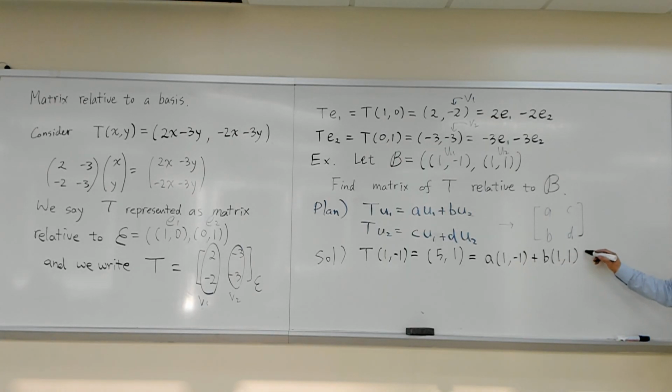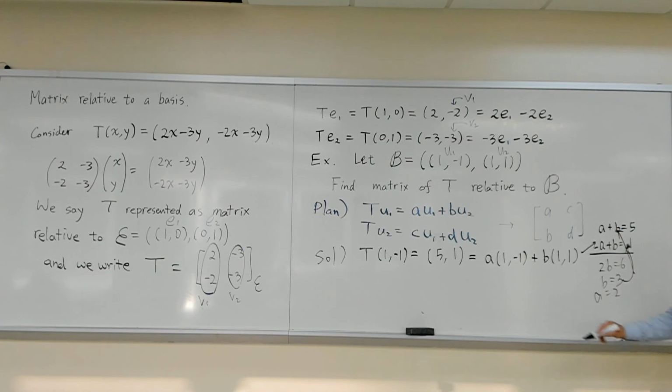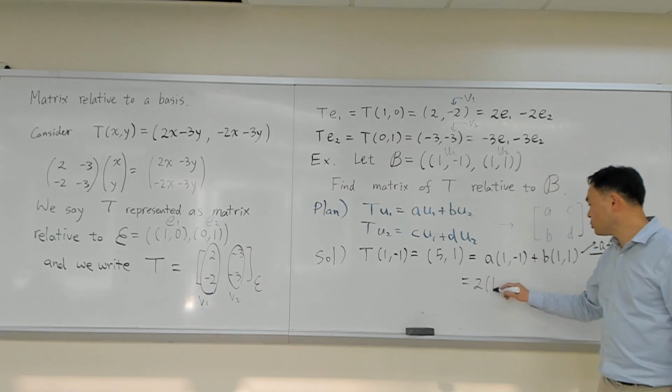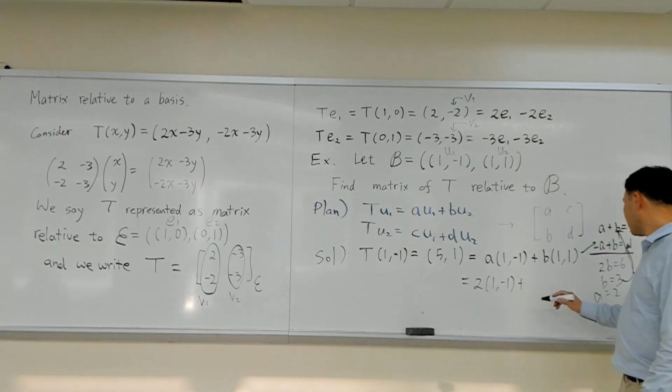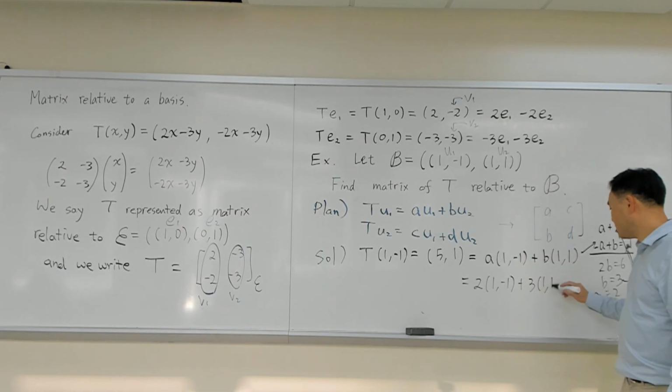That means I need A plus B to be 5, and A minus B has to be 1. If you add them, you get 2A equals 6, so A must be 3. Plug that back in here, then B must be 2. Okay, so I get 2 times 1, -1, plus 3 times 1, 1.